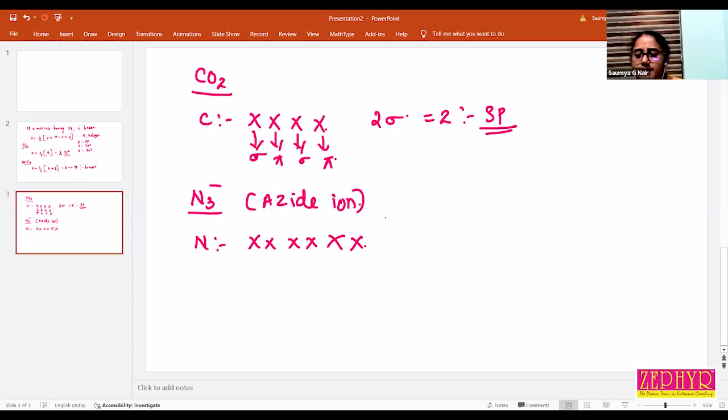A triple bond means 1 sigma 2 pi, right?